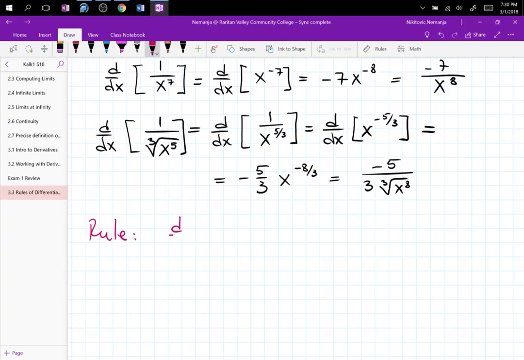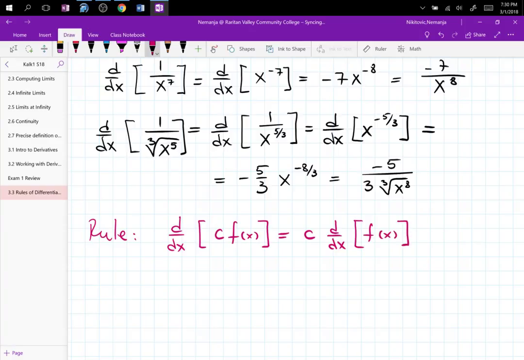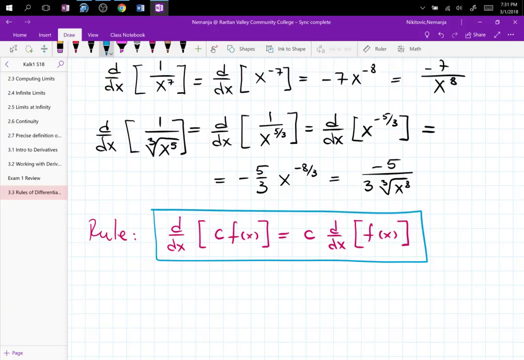So if you are taking the derivative of a constant times some function f of x, you can kick the constant outside and then just focus on the derivative of the function. I label this as a quality of life formula because it helps us solve the problems.